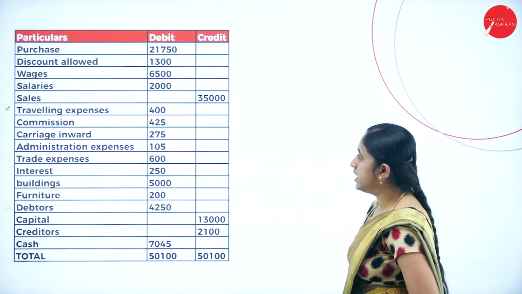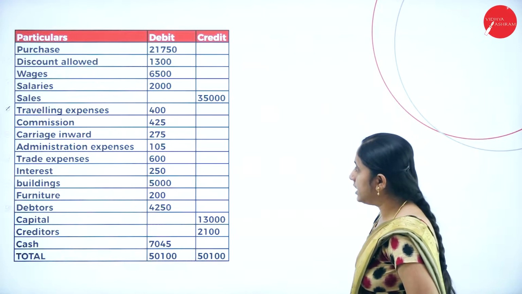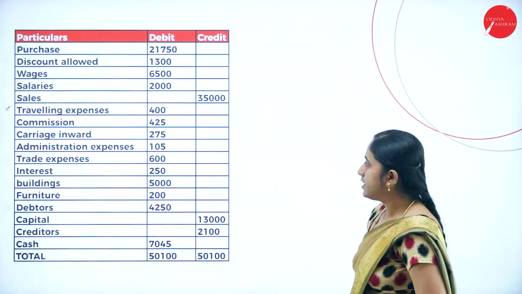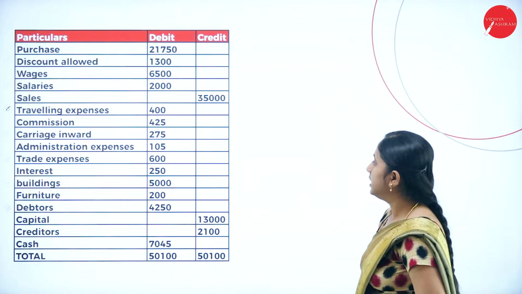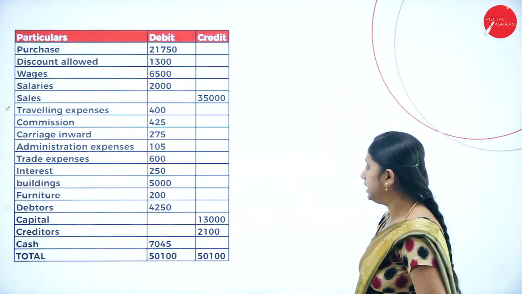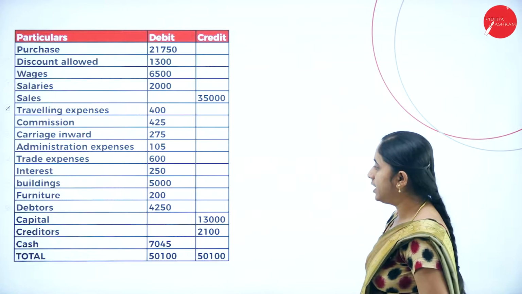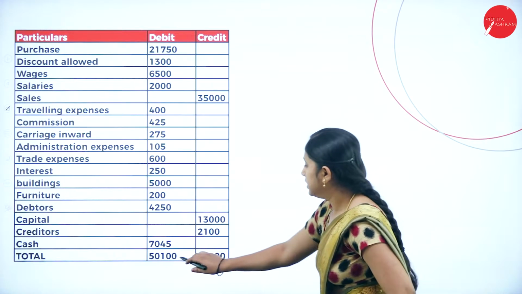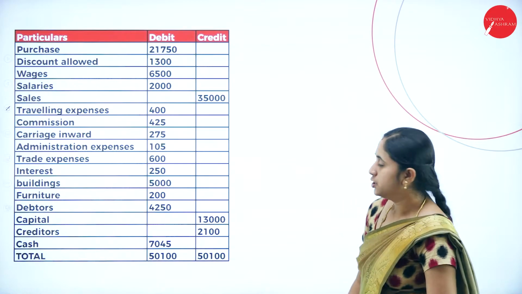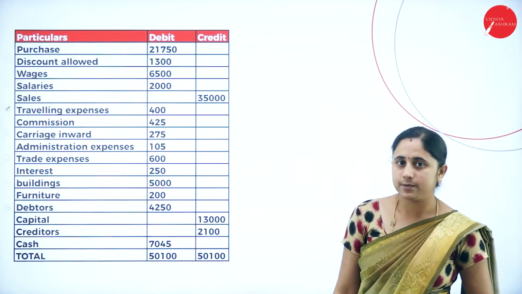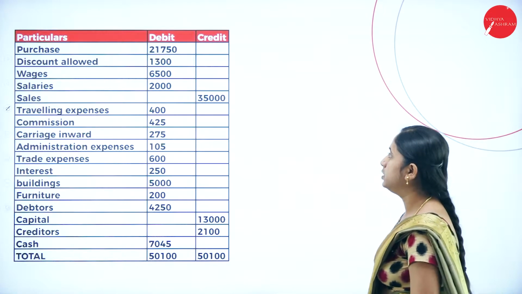Traveling expenses 400, commission 425, carriage inward 275, administration expense 105, trade expense 600, interest 250, building 5,000, furniture 200, debtors 4,250, capital 13,000, creditors 2,100, cash 7,045. In the trial balance, the debit and credit should be balanced. So, we get 50,100 and 50,100. So, the trial balance is correct.